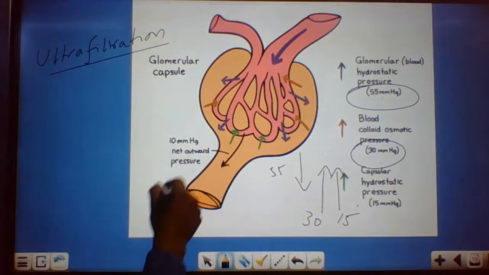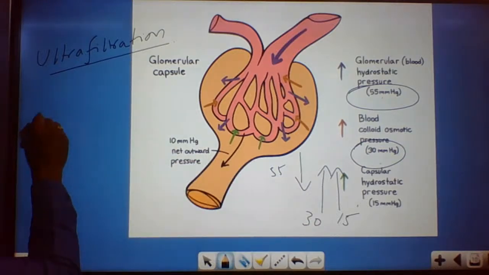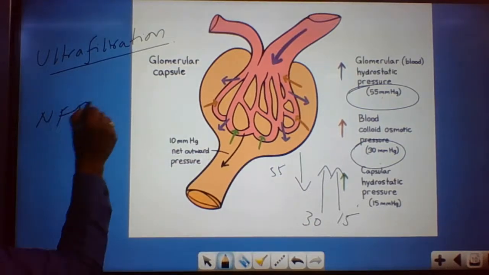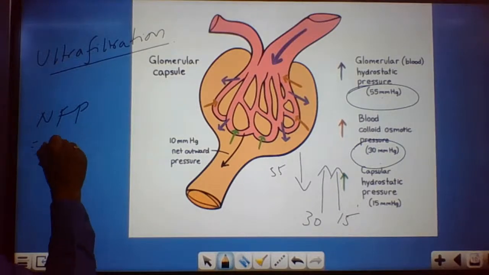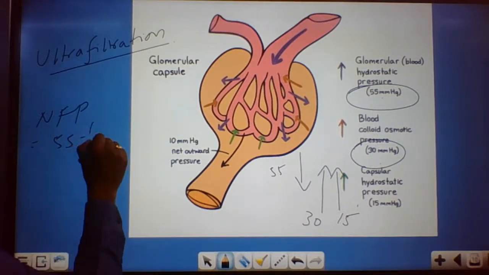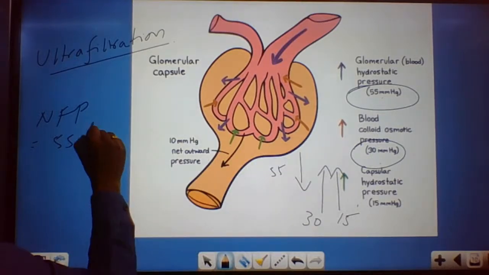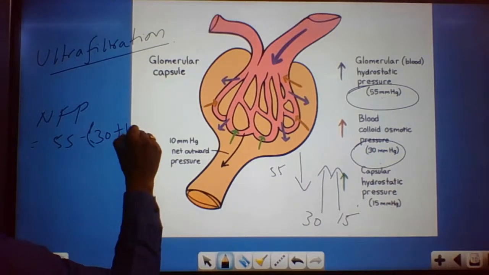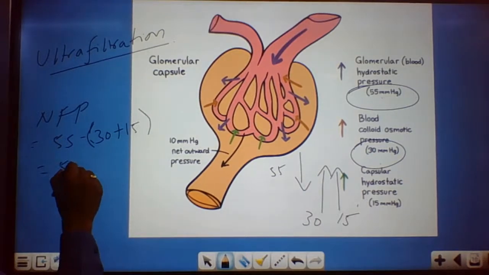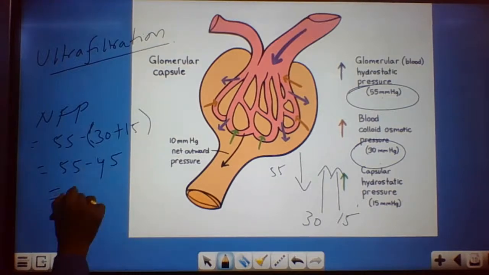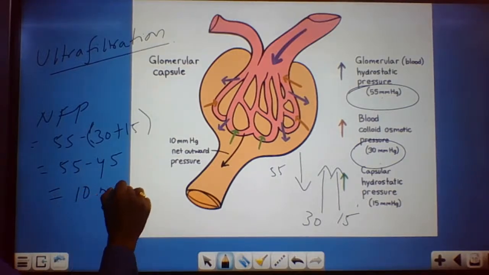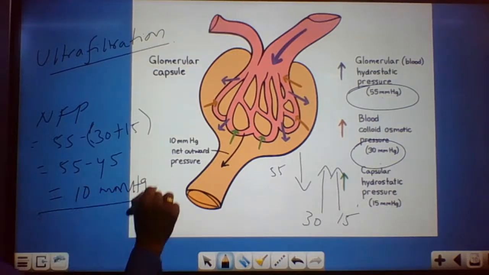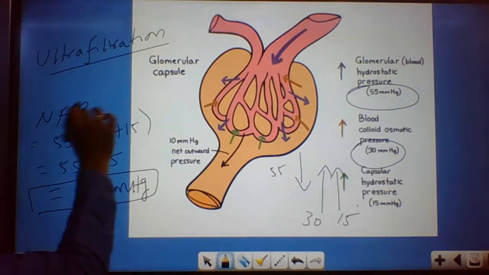When you calculate this, the net filtration pressure, NFP, is 55 minus 30 plus 15, which comes to 10 mm Hg. So this is your net filtration pressure.